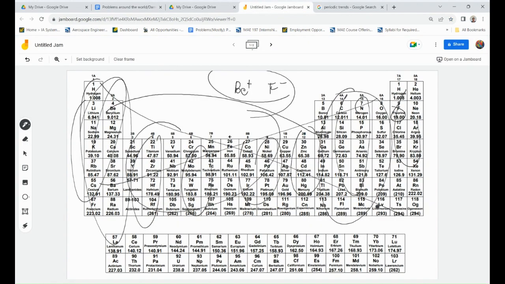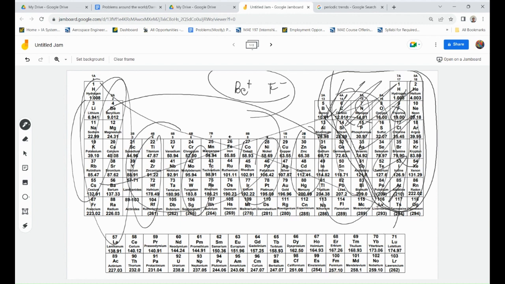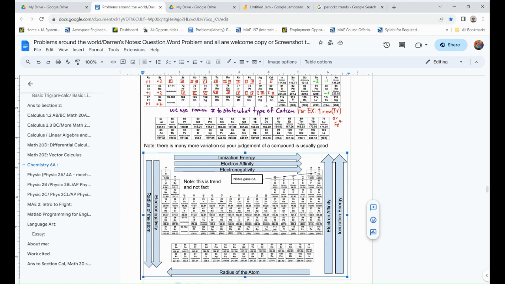For example, these over here, because of how they interact with electronegativity, these over here, not the noble gas, but this over here breaks some of these rules. But in general, if it's going this way, you can figure out what's going to happen with the element. That's the main purpose of it.